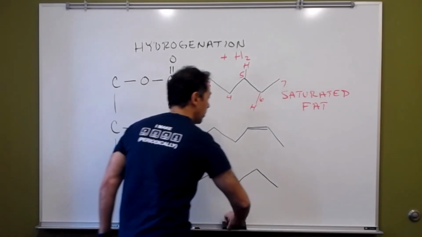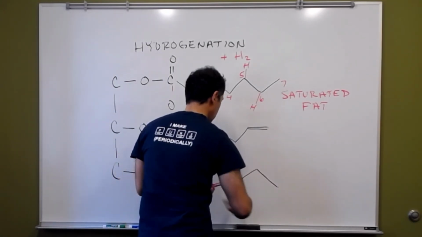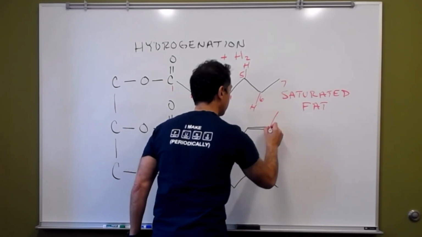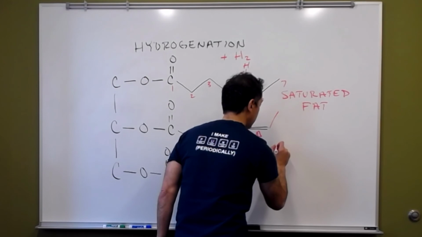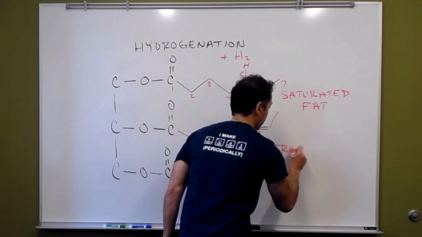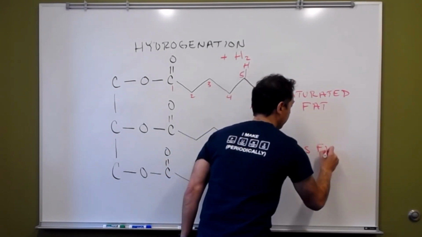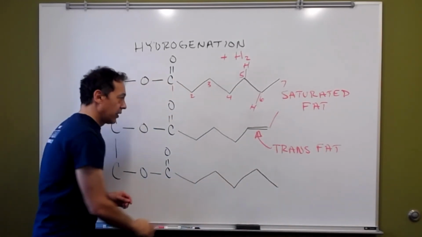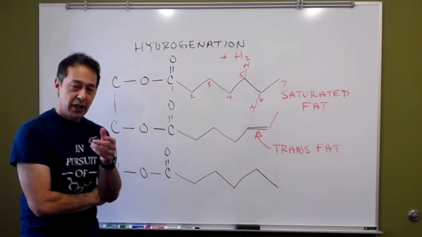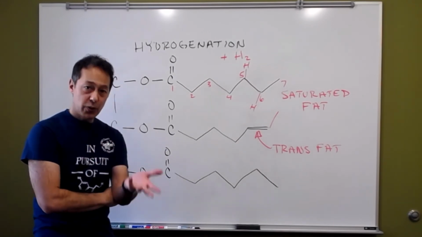And so this right here may end up going like this, and we end up with a trans conformation. This becomes then a trans fat, a trans fat. And so it was found that this hydrogenation of vegetable oil was leading to trans fats.